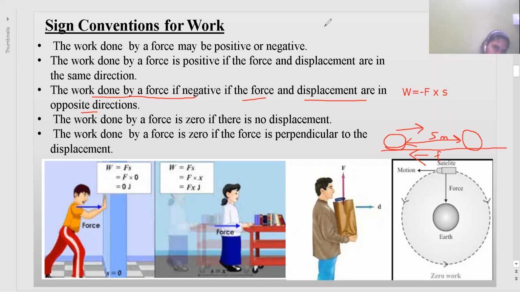Suppose the value of F is 5 Newton and the value of S is 2 meter, then it will give us minus 10 joule. So this is how the work done becomes negative when the direction of force and the direction of displacement are opposite to each other. Hope it is clear to everyone.